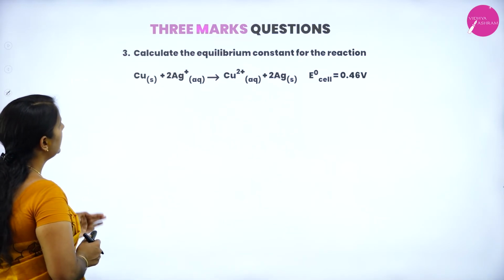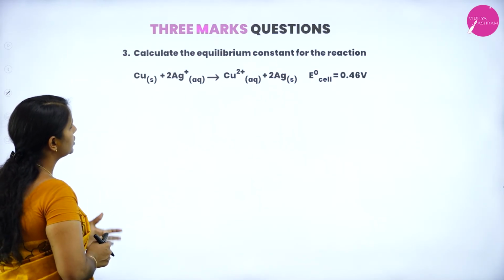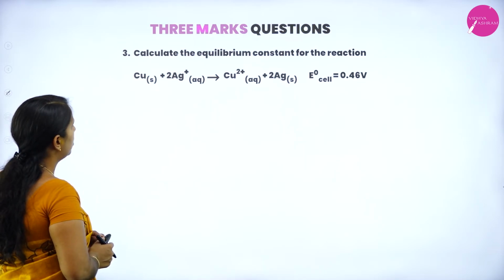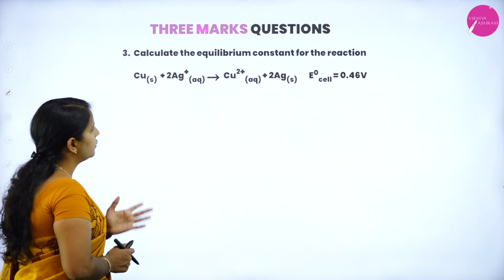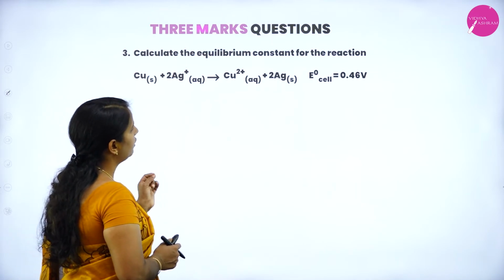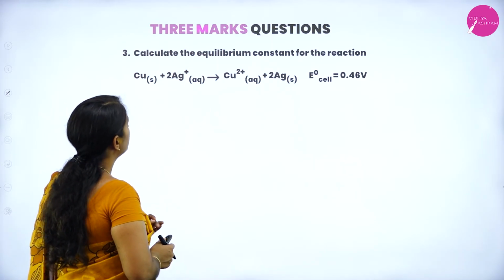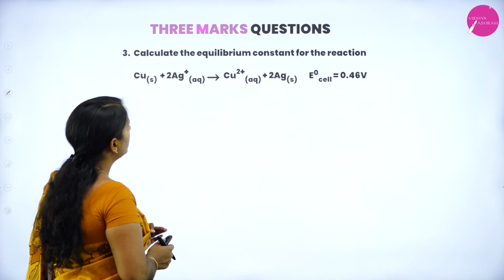Next, calculate the equilibrium constant for the reaction. So copper plus silver, which is given as Cu and Ag+, and the E0 of the cell is also given. So you have to calculate the equilibrium constant.